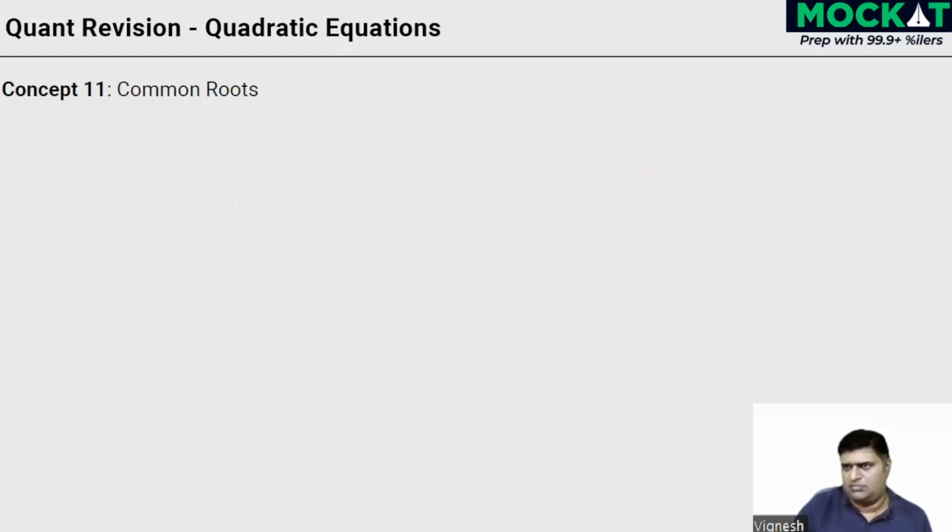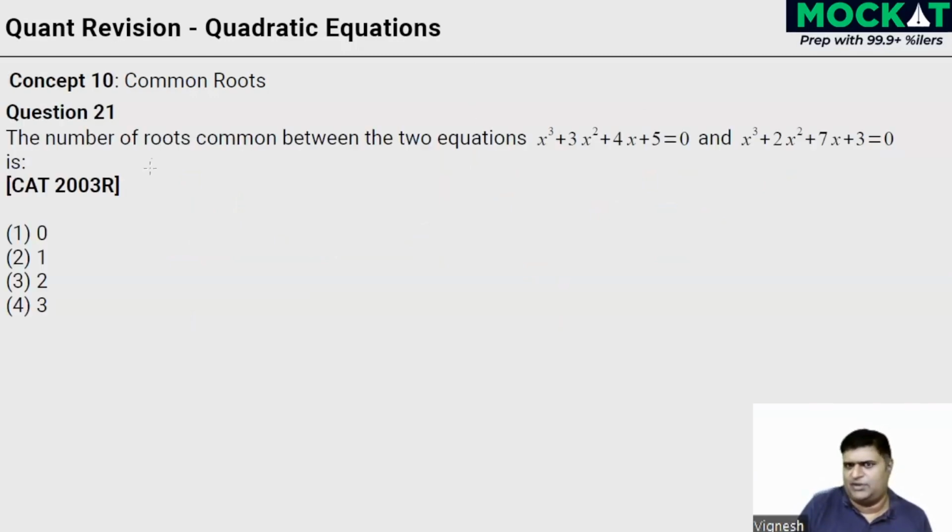So something around this turned up over here, right? A few years back, quite a while back actually. So let's look at this. The number of roots common between two equations, x cubed plus 3x squared plus 4x plus 5 equals 0 and one more, is how many, right? Which means I have to equate these two. They're not quadratic, but nevertheless equate them to find the intersection points. So x cubed plus 3x squared plus 4x plus 5 equals this.